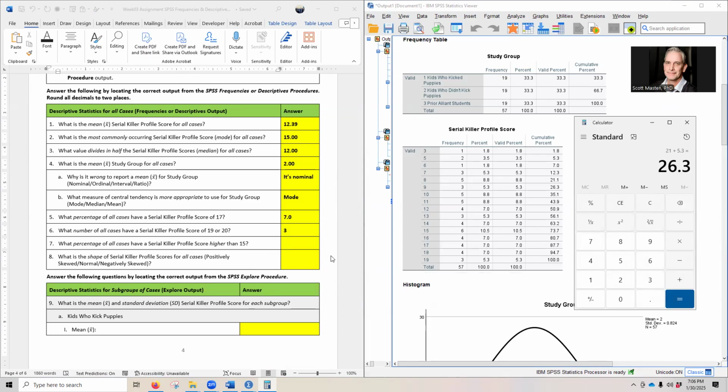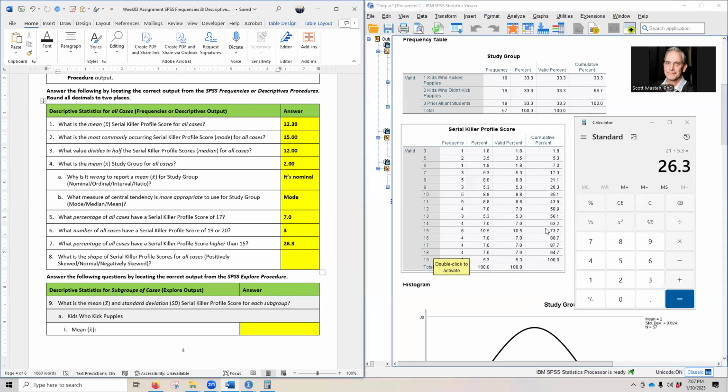The other way you can get this is using cumulative percent. Cumulative percent tells you the percentage of scores that got a particular value or lower. So 73.7% of the people in the study had a serial killer profile score of 15 or lower.